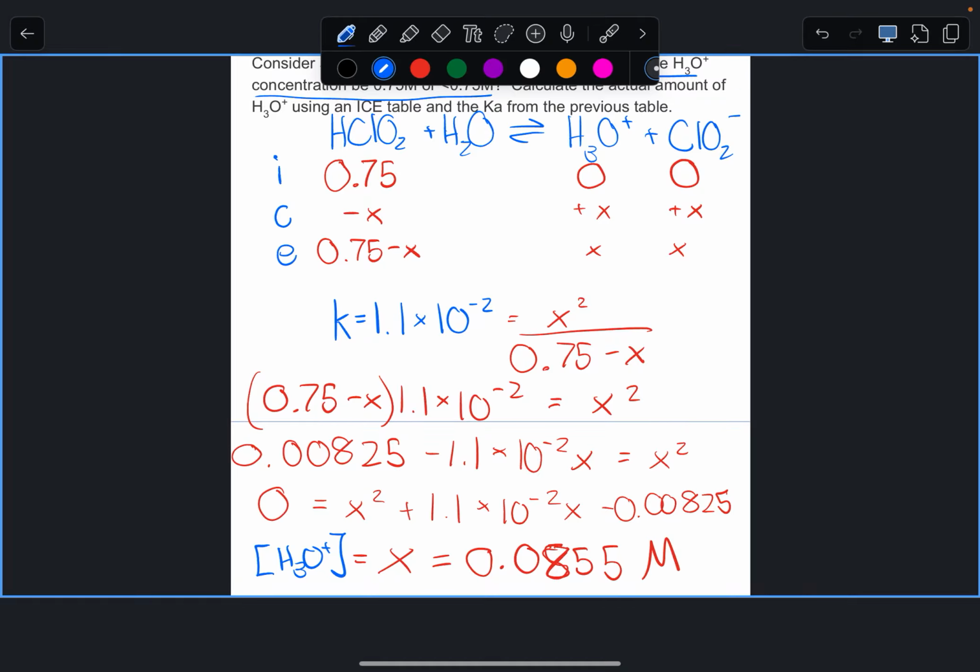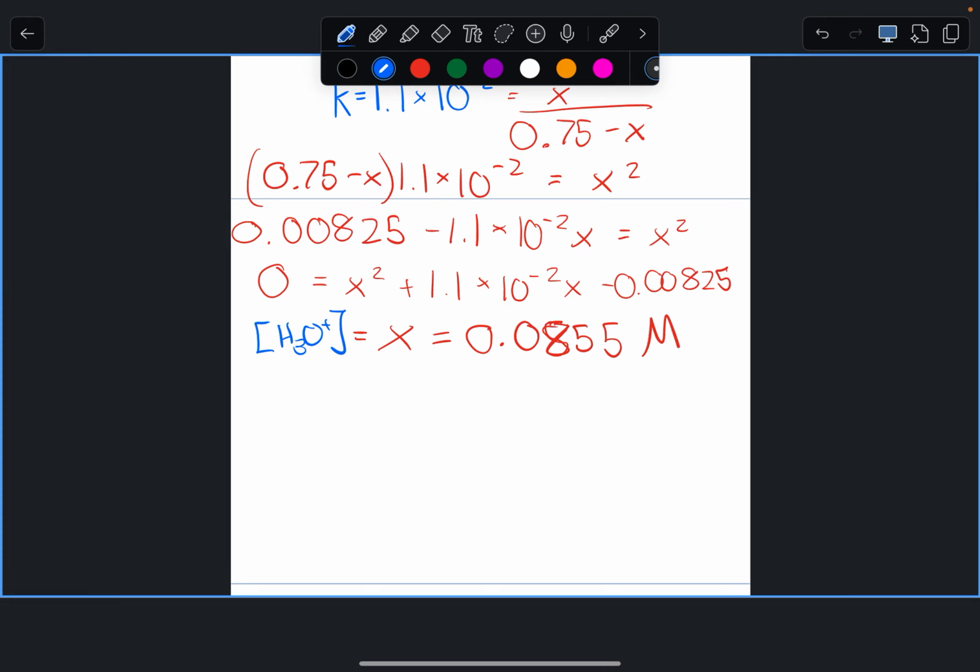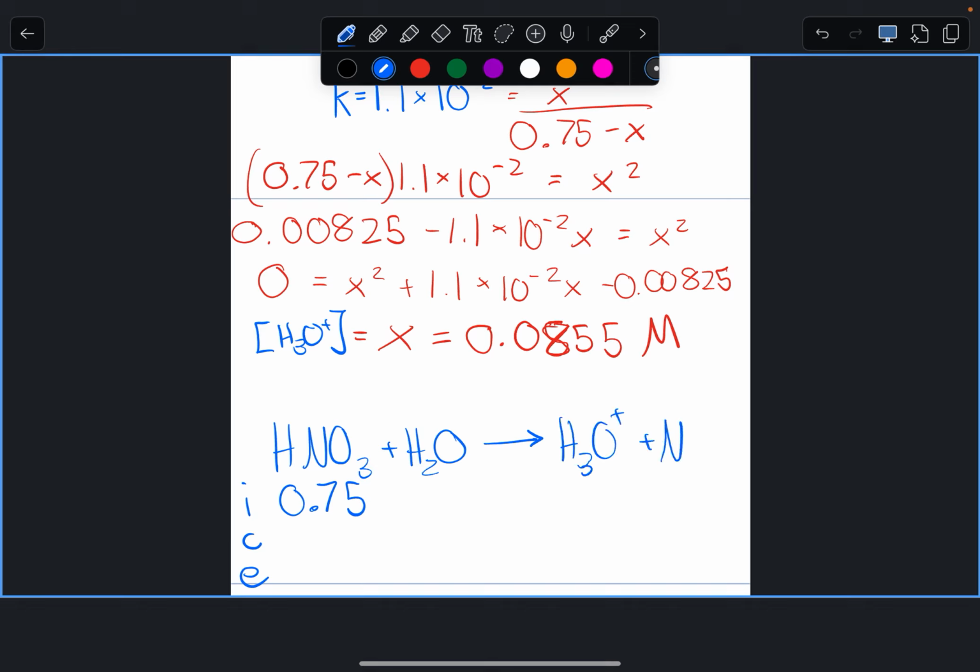Now let's juxtapose this with nitric acid, which was the other one we wrote the equation for. So nitric acid is a strong acid. So we wouldn't ever write an ICE table, and I'll show you why, but I'm going to show you what it would look like. You don't actually think of it as being minus x when it's a really big K. When it's a strong acid, you say all of that HNO3 is going to get used up.